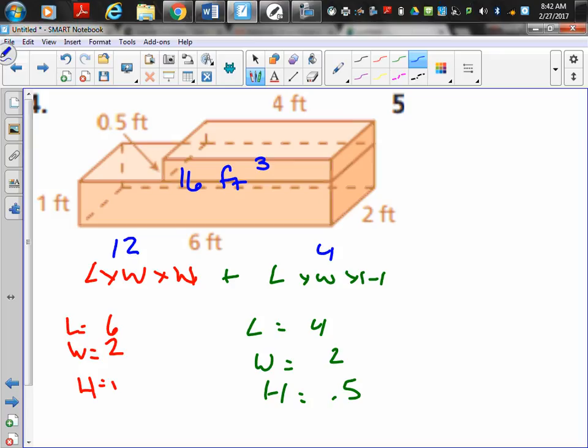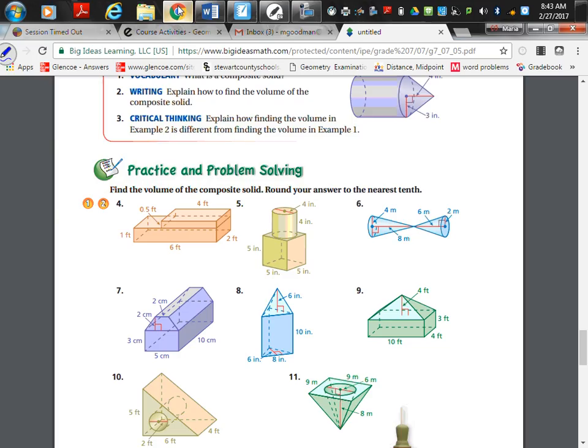Alright, so the very most important thing you have to do is be able to break it down into its individual shapes. You have to take the three-dimensional figure and break it down into what part figures it has. Alright, so let's look at another one.